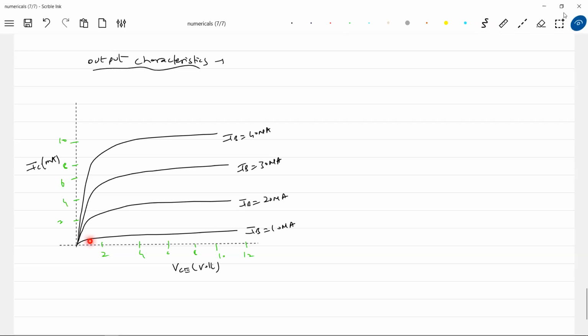Why is the curve like this? There are three regions. This particular region, approximately we'll define this region, is what is called the operating region or active region.